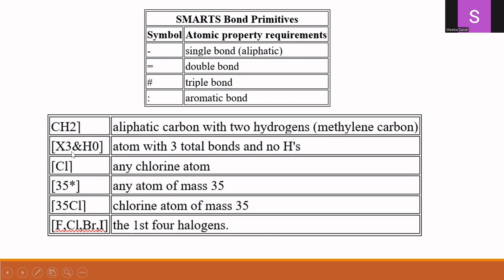Square bracket X3 and H0 represents atoms with 3 total bonds and no hydrogen. Square bracket Cl represents any chlorine atom. Square bracket 35 star represents any atoms of mass 35. 35Cl represents chlorine atom of mass 35. Square bracket F, Cl, Br, I means the first 4 halogens.